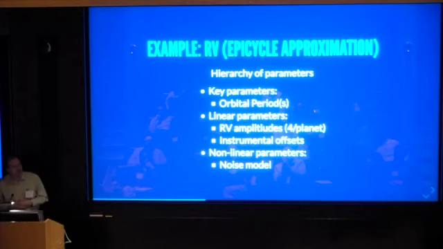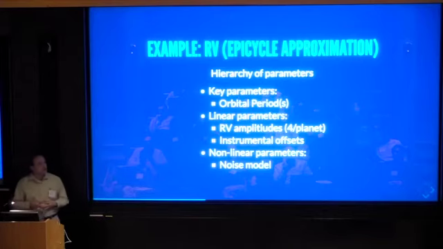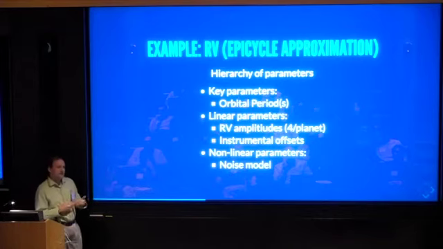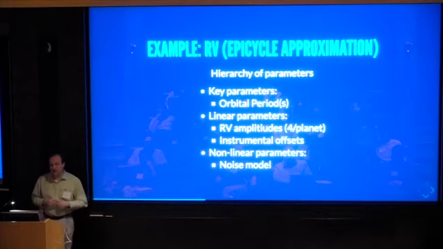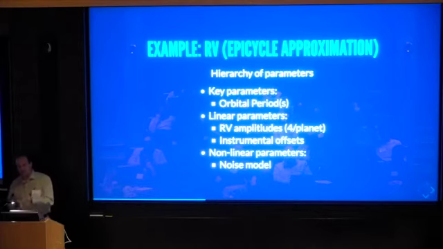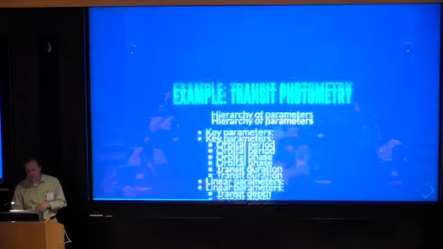However, if you're able to change the way you write the functional form, you can also write it in a way in which the RV amplitudes are nearly linear in 4 parameters, at least for low eccentricities. By doing that, you're then able to both optimize and marginalize much more efficiently and drastically reduce the number of nonlinear parameters you need to deal with.